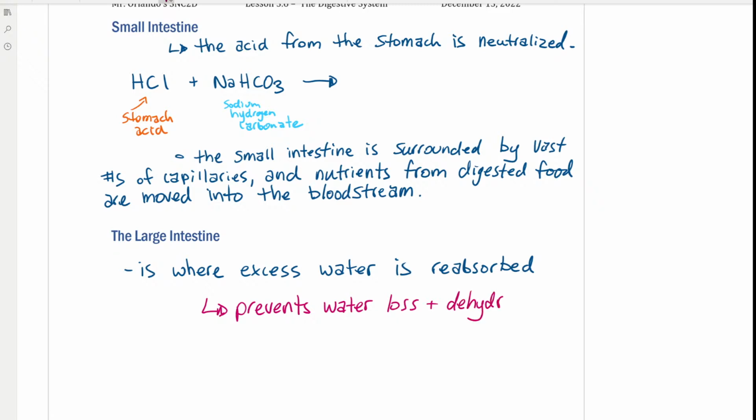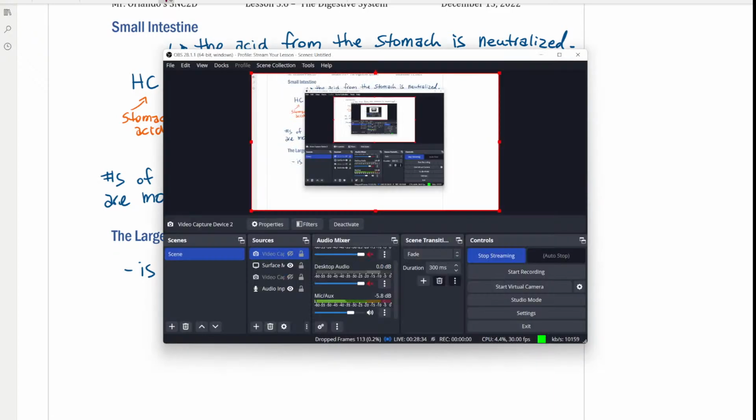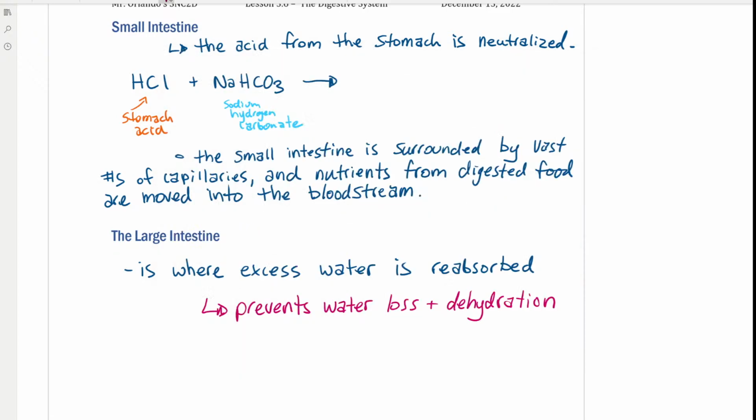Your body needs a steady supply of water, and we don't want to lose it quickly. If we do lose it quickly, that can make us very sick. We call that dehydration. It also firms up the waste material for excretion.